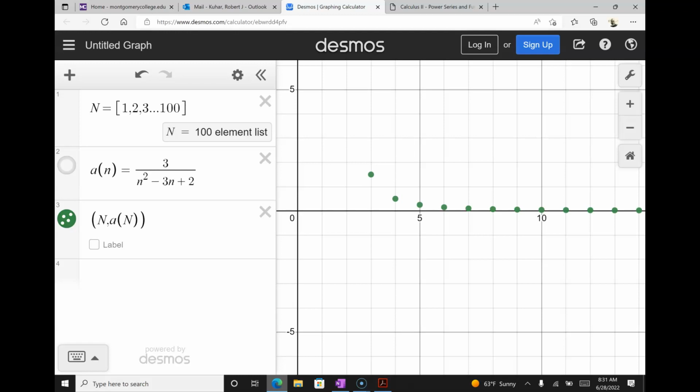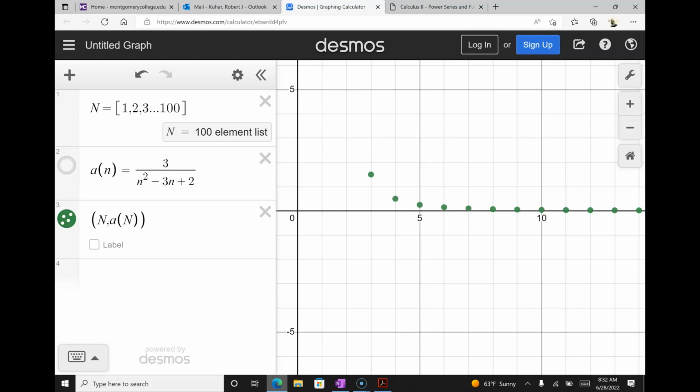So you can see here, there's an issue at 1 and 2. It's not even plotting those for me. What's going on when n is 1 and n is 2? When n is 1, I get a 0 downstairs. When n is 2, what do I get downstairs? 0.